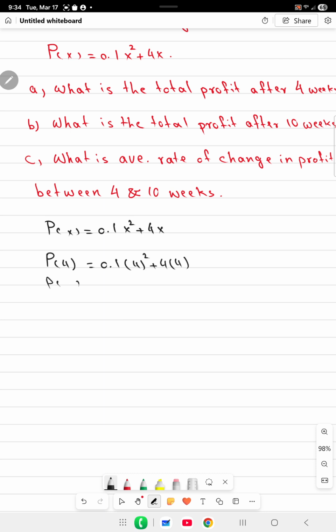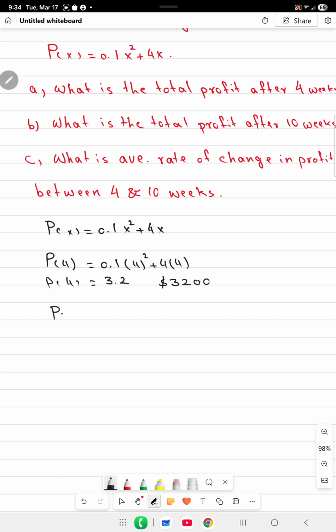It means P of 4 equals 3.2 if you do the math in your calculator. 3.2, because we are talking about thousands of dollars, it means the total profit after 4 weeks will be $3,200, correct?